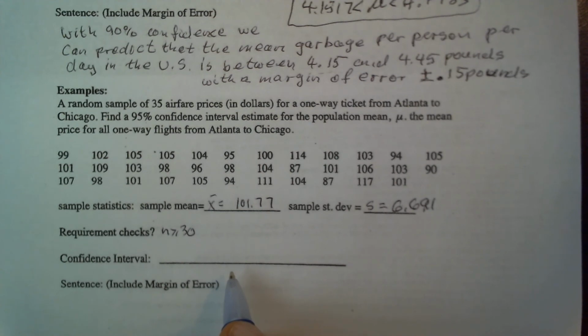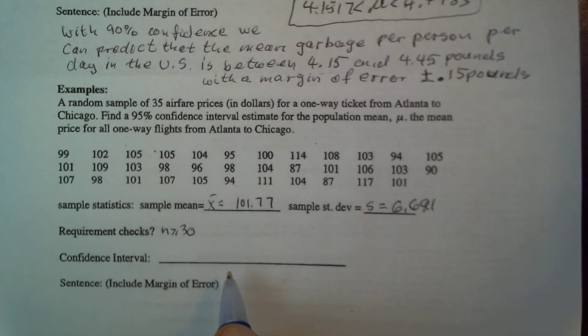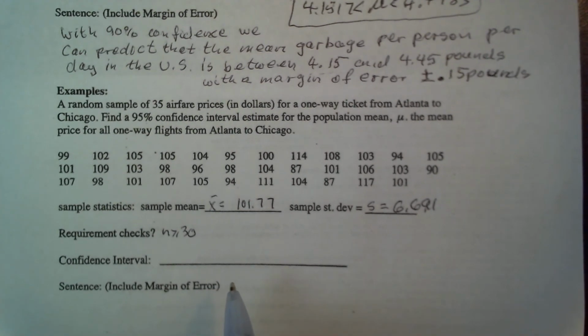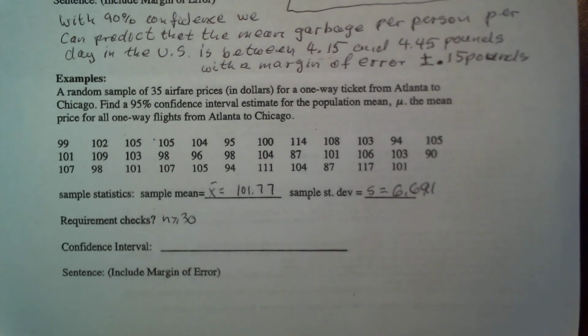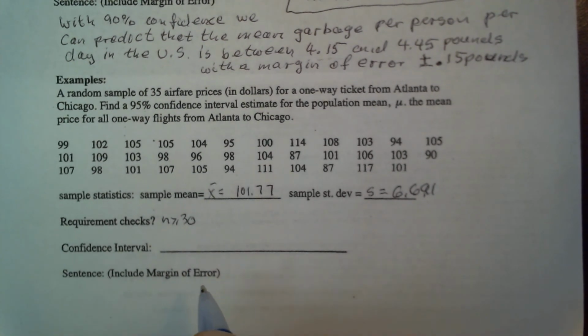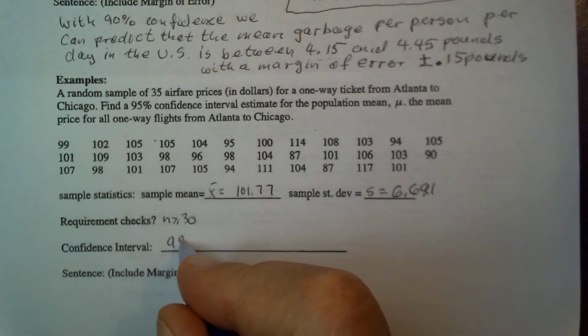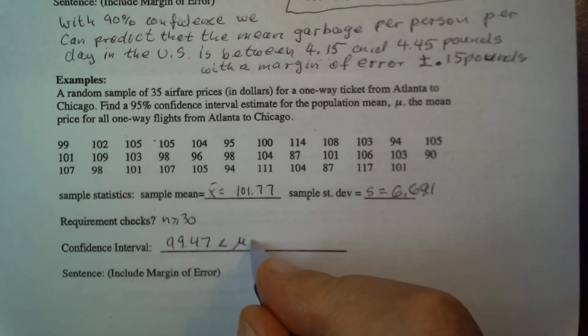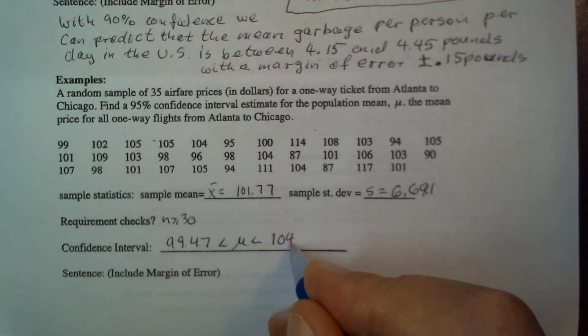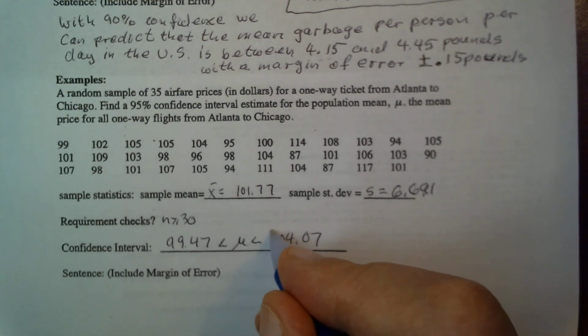So when we use technology or do it manually, we will come up with these results. When you use technology, the confidence interval will go from 99.47, less than the mean of all the flights between Chicago and Atlanta, less than 104.07.